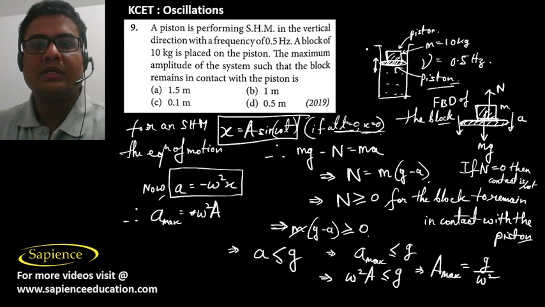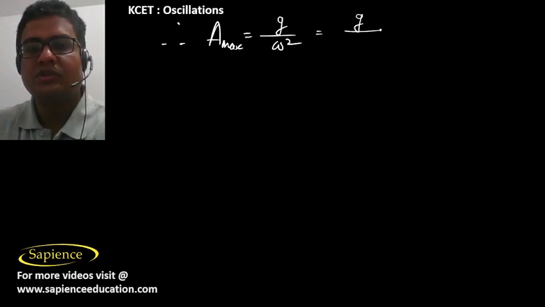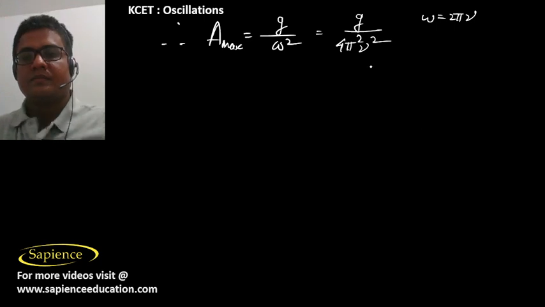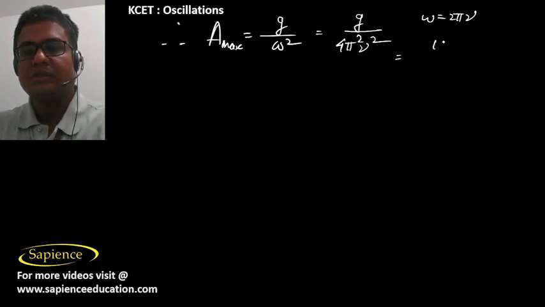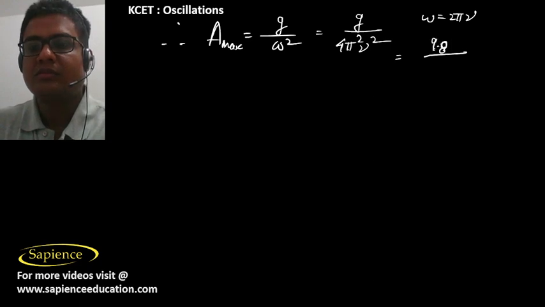Now here it is told that the frequency is 0.5 hertz. So this is g by omega square, where omega is 2 pi into the frequency. So this is g by 4 pi square nu square. g is 10, but I can say it is 9.8 approx.